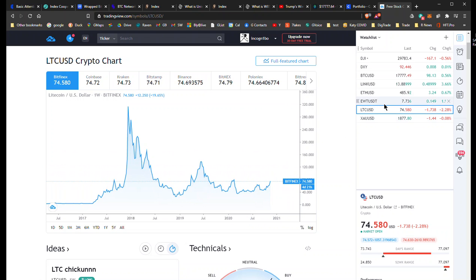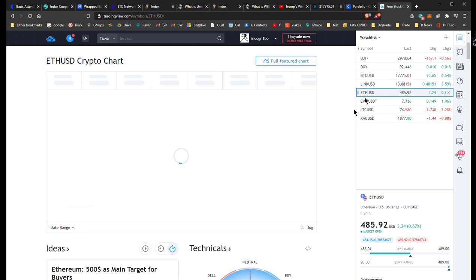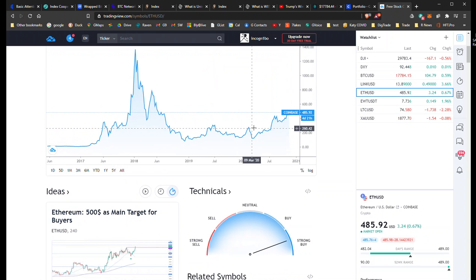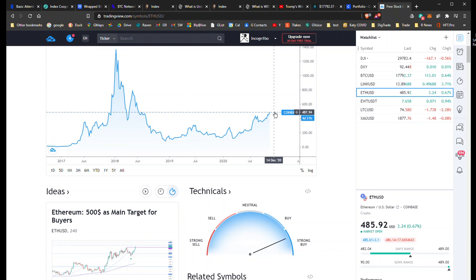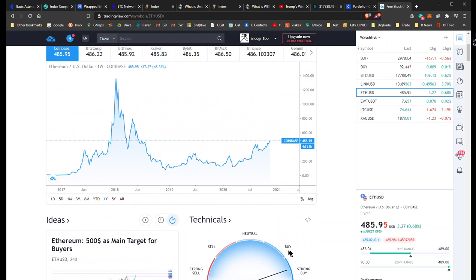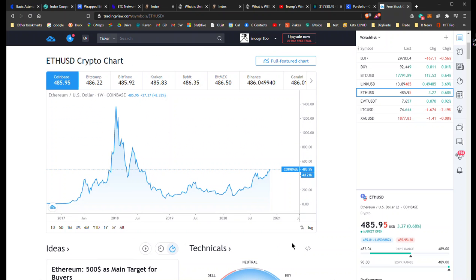If you were to go to Ethereum and you look at the 5-year, you can see that it's made it past most of these old highs, and so now it just has this one and this one and this one to get past. So basically, that momentum is what's driving things like these indicators. I don't necessarily pay attention to those, but it's always a feel-good situation.